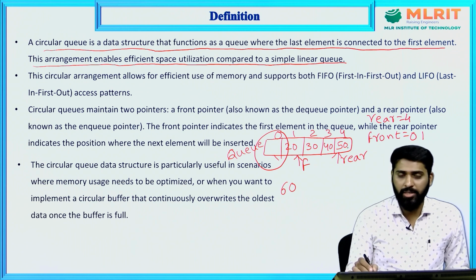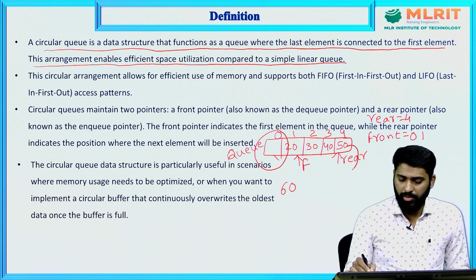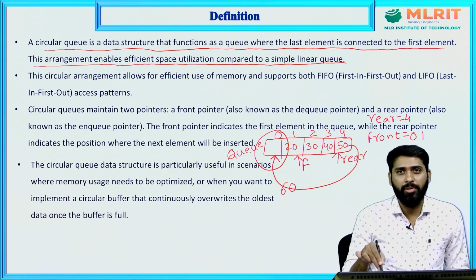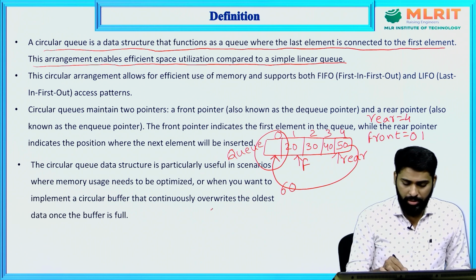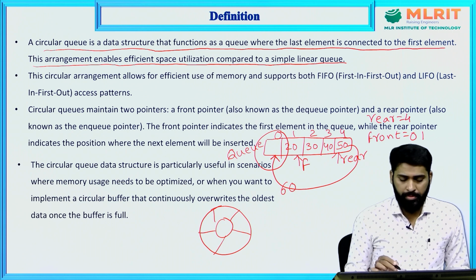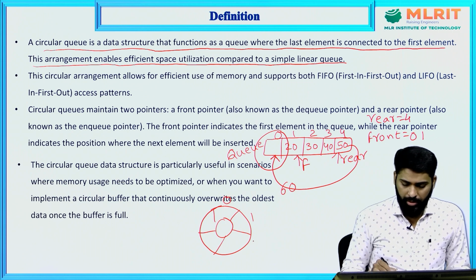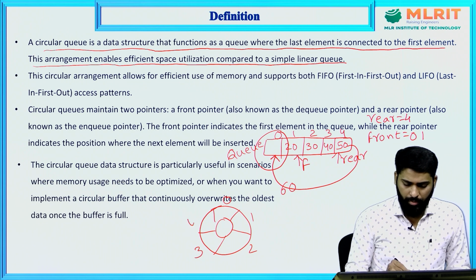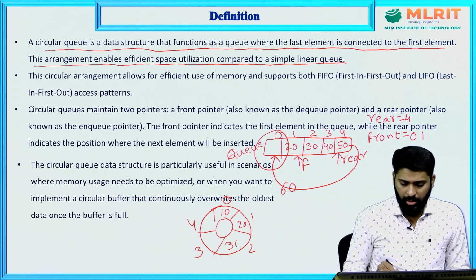So this is the last element now, 50 is the last element. This will be connected to the first element. So this is the circular queue. Now how we organize it: indices 0, 1, 2, 3, 4 hold 10, 20, 30, 40, 50.